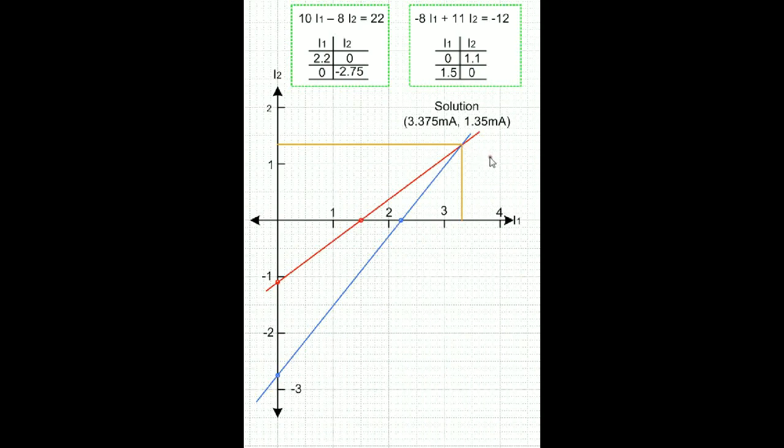And if we examine that, what we find is in an ordered pair, we have I1 followed by I2, which is 3.375 milliamperes and 1.35 milliamperes respectively, which is very close to the mathematical solution. Now, it's nice to see the graph of the lines. However, this is an approximate solution, so we really prefer the mathematical solution. So that's what a graphical solution, which is our 4th type of solution, would look like if we elected to do it this way.